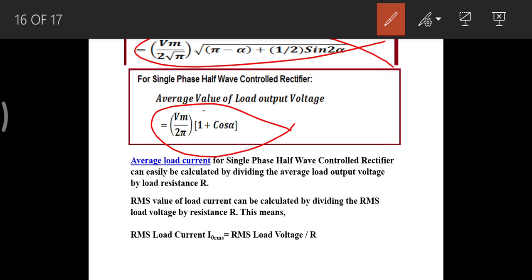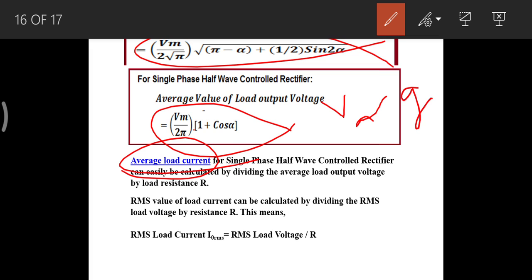Once we find the RMS voltage and average voltage values, we can simply calculate the RMS current and average current by dividing by the resistance R. For finding the average load current, we already found V average.